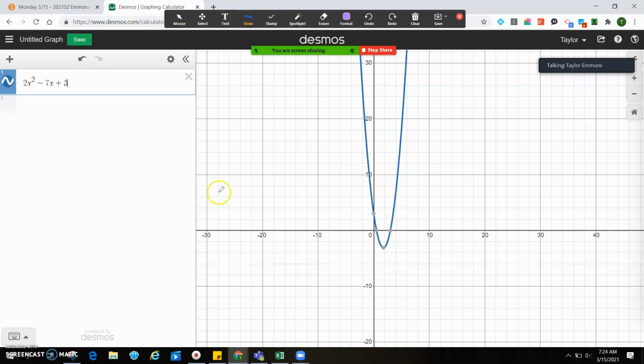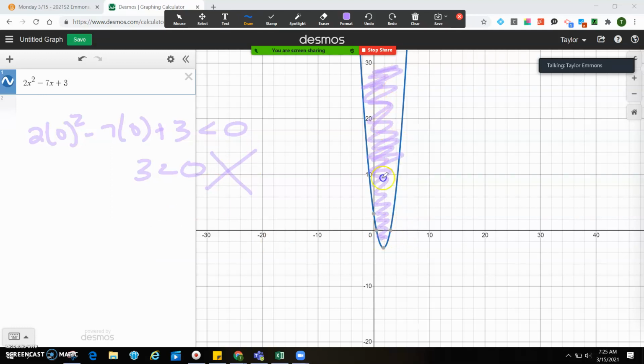So I'm going to get 2 times 0 squared minus 7 times 0 plus 3, and that was less than 0. Okay, so when I simplify this, I would get 3 is less than 0. Is that a true statement? No. So I'm going to shade away from (0, 0).